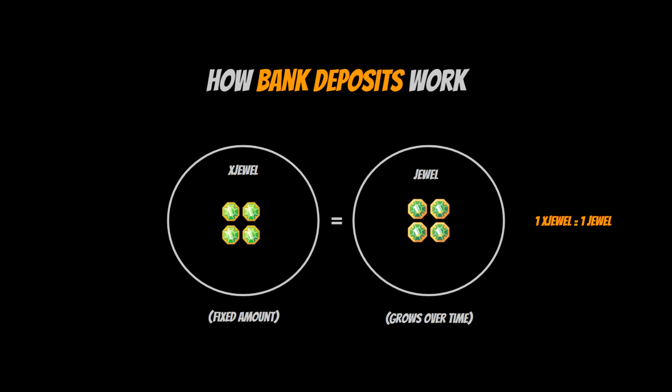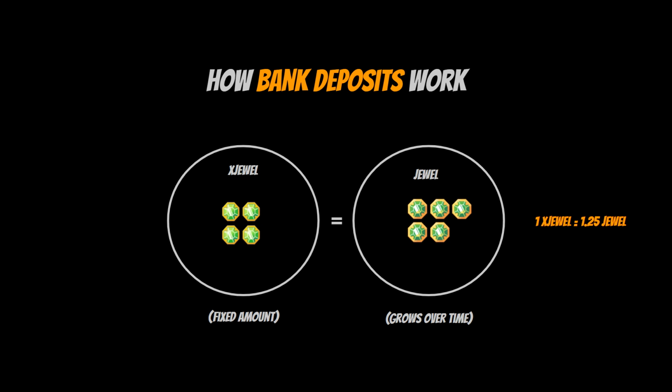Over time, as more joules get into the joule pool and the ratio changes, when you withdraw your joules, you exchange your 1 X joule for 1.25 joules. At the beginning, you put in 1 joule, and at the end of this example, you take out 1.25 joules and you make a 0.25 joule profit.